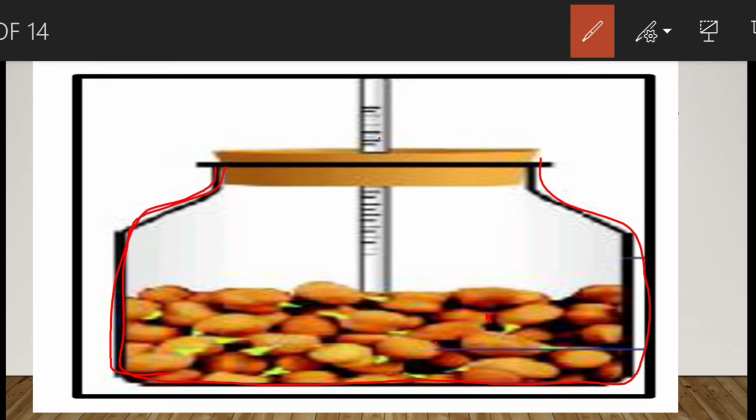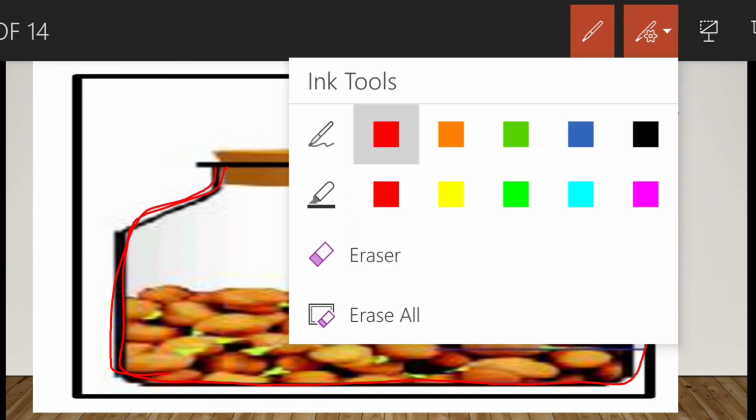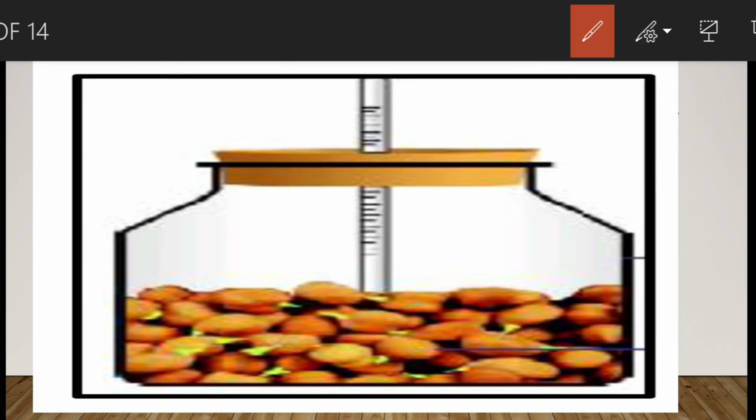That means we have to take 2 thermos flasks, 2 thermometers and 2 rubber corks with 1 hole, germinating seeds and dry seeds. So we have to arrange 2 identical sets. Identical means equal sets.